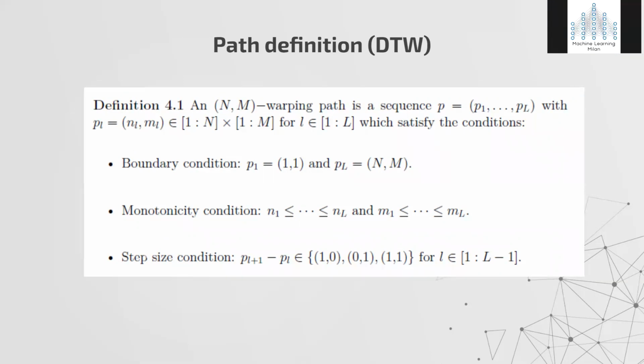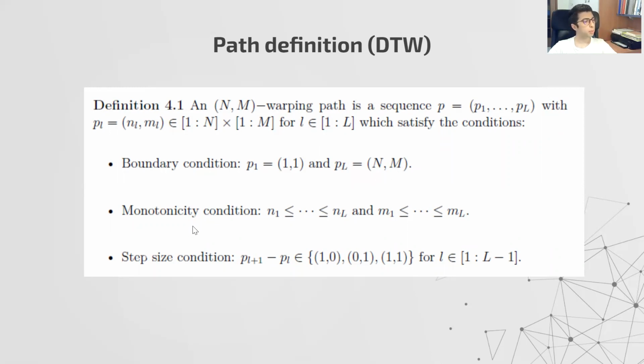Okay, so the boundary condition is the easiest one. We have to start this warping path from point 1,1 until the end of the two series, so point n,m.